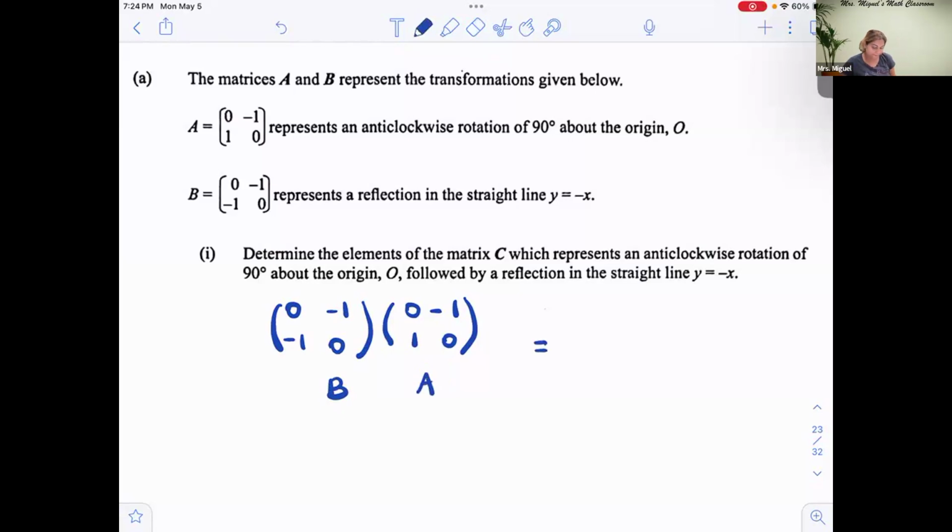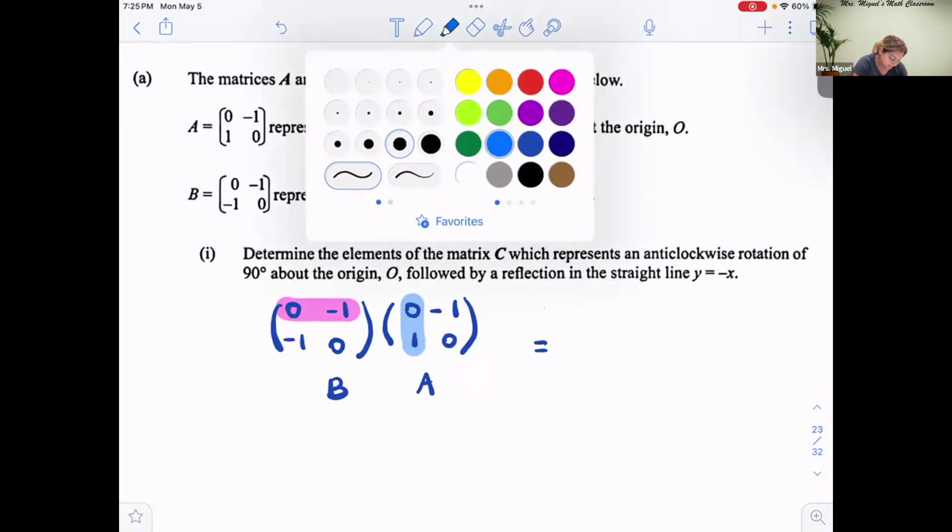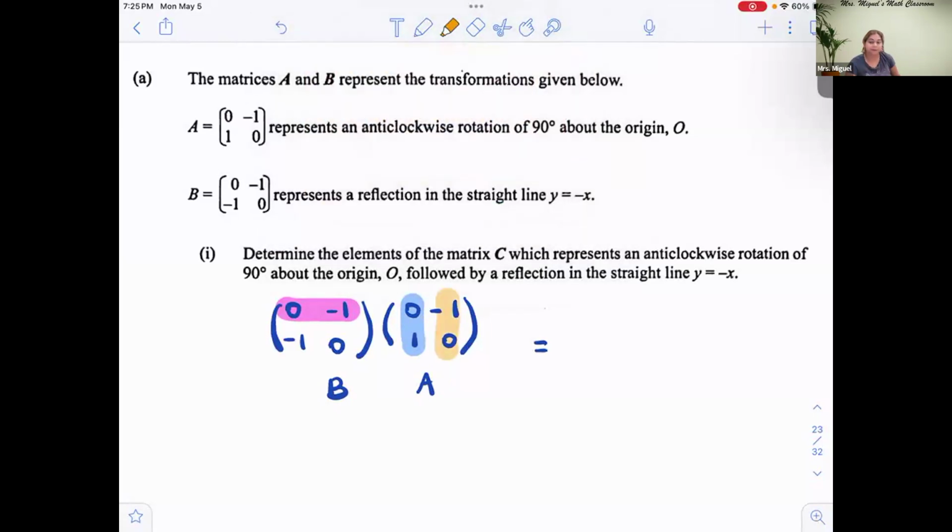Look at that. So they say the 90 degrees rotation, put that first and put the followed-by matrix in front. And you're multiplying row by column. Go ahead.